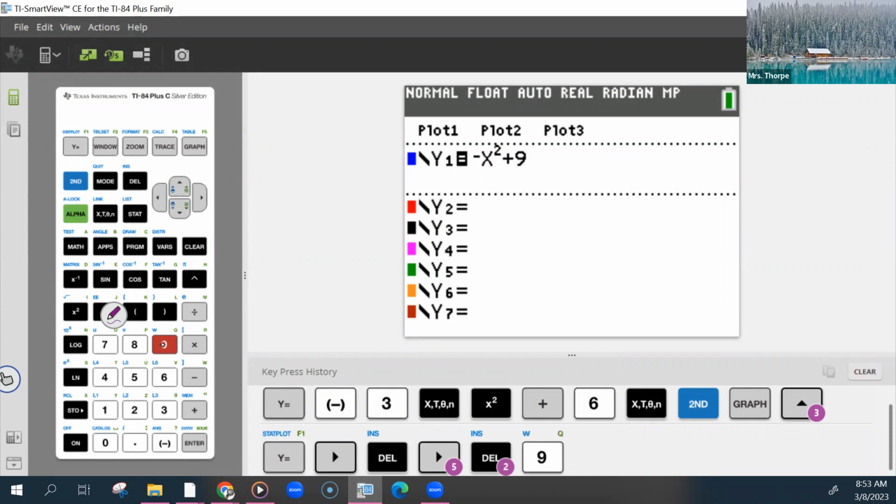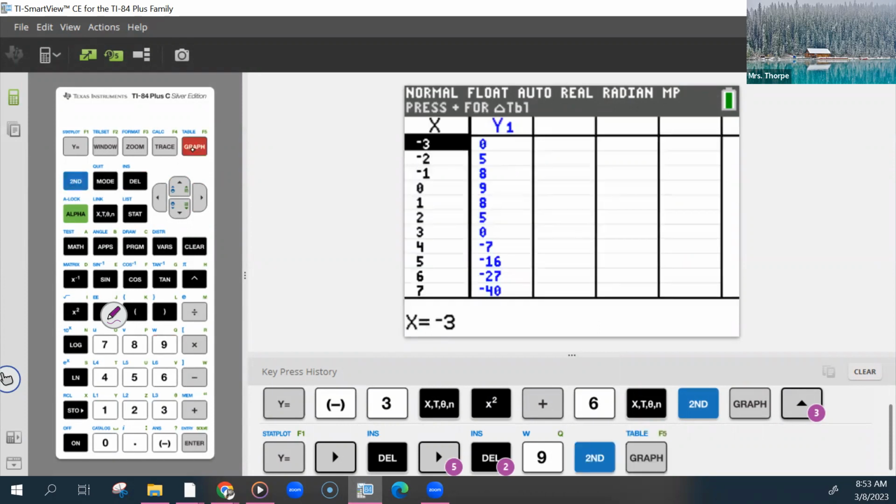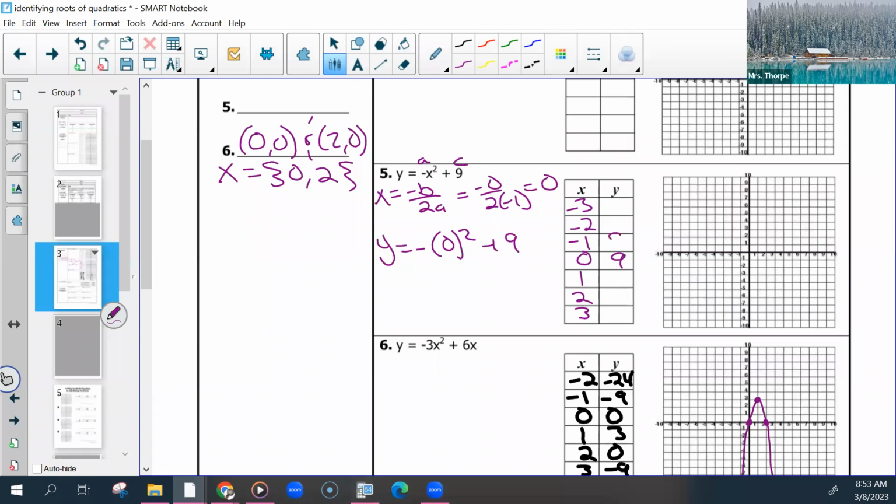So I'm gonna just put it back into y equals and go to the table and fill out those ones. So 8, 5, 0, and then it repeats. So I would plot all those ones.